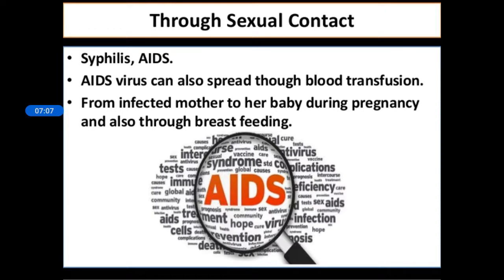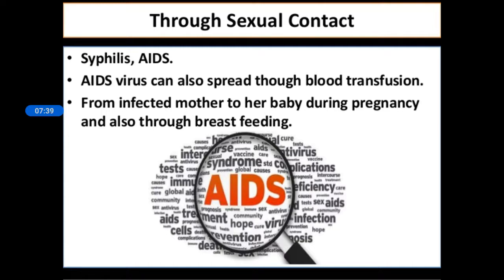That means if a blood transfusion has to take place, in emergency cases, if you are not checking the blood properly and there is a virus in that blood, transmitting it to a healthy person may cause the disease. And also by sharing syringes used by the infected person.